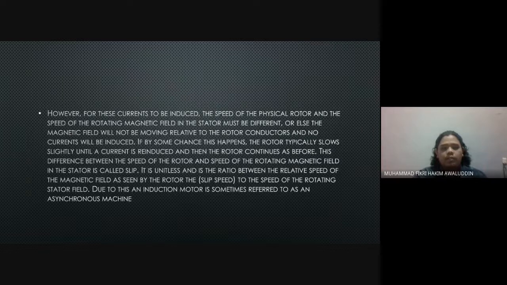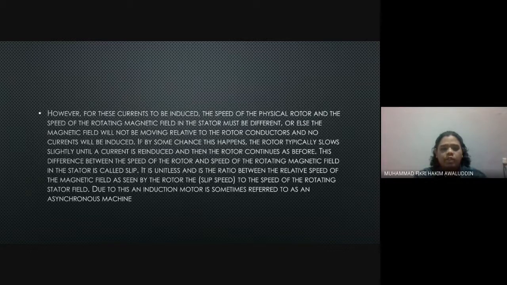However, for this current to be induced, the speed of the physical rotor and the speed of the rotating magnetic field in the stator must be different, or else the magnetic field will not be moving relative to the rotor conductors, and no current will be induced. If by some chance this happens, the rotor typically slows slightly until a current is re-induced, and then the rotor continues as before.